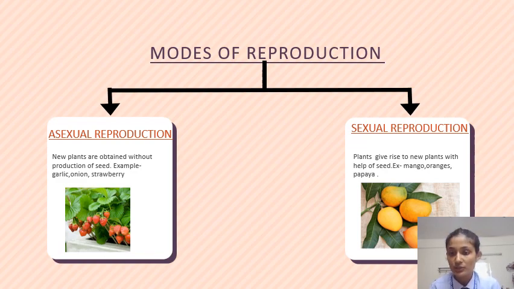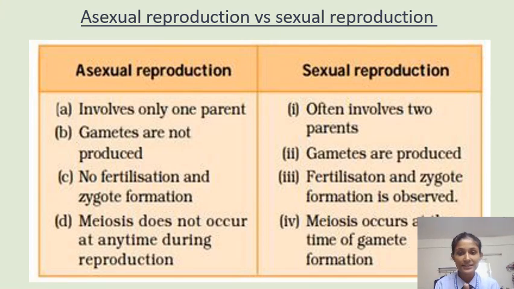Now, sexual reproduction. In sexual reproduction, new plants are formed with the help of seeds, or basically you can see seeds in them. Mango, oranges and papaya all come under sexual reproduction. The basic difference between asexual and sexual reproduction is the number of parents involved.